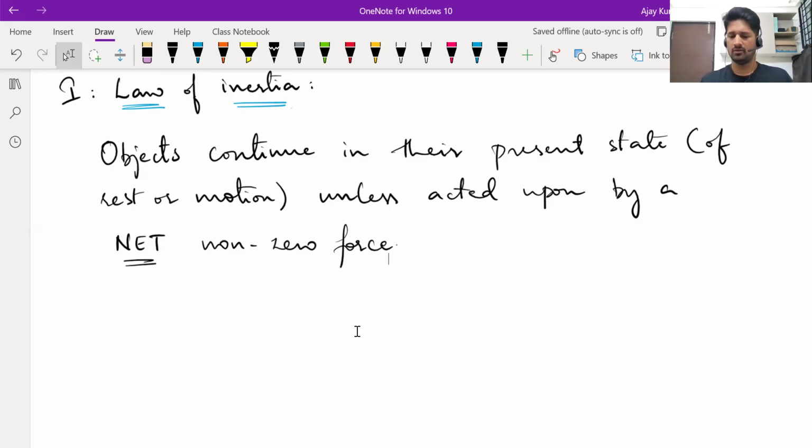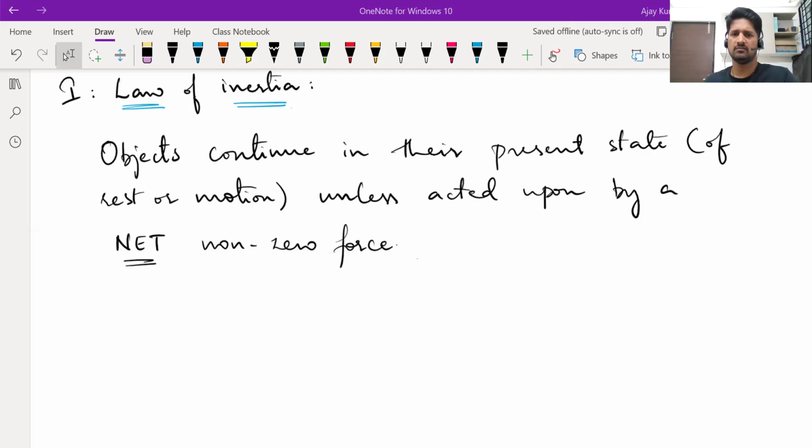Pawan, yes or no? Yes, sir. The statue has weight, right? Then why is it continuing to be at rest even though there is a force acting on it? Sir, it's acting vertically downwards.